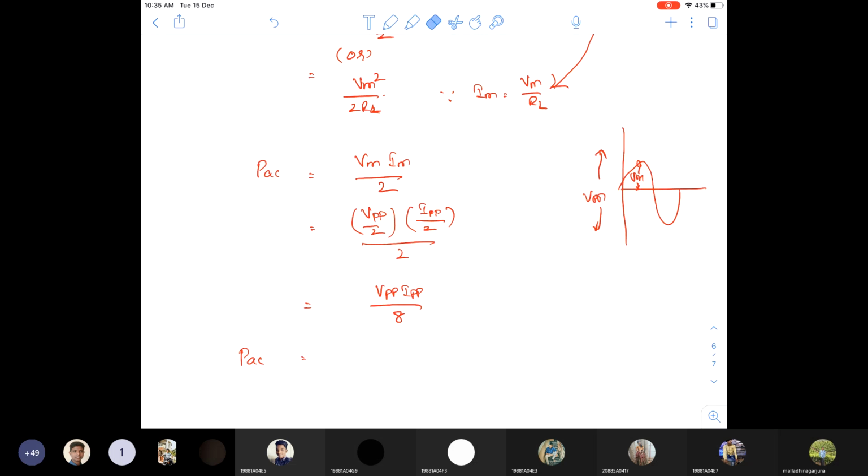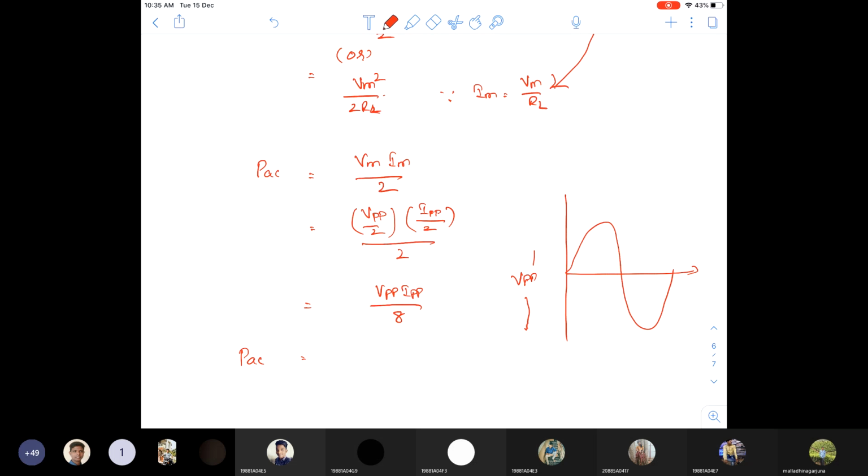So VPP, this is VPP. How do you calculate VPP? This is 5 volts, minus 5. What is the peak to peak voltage here? 10.